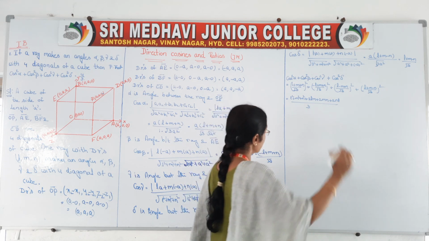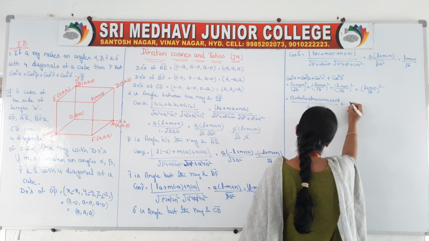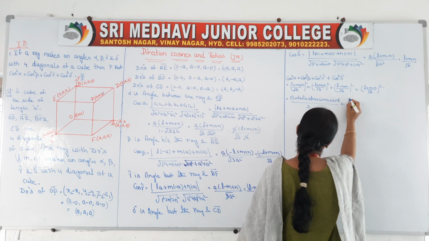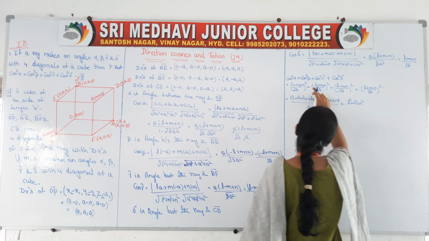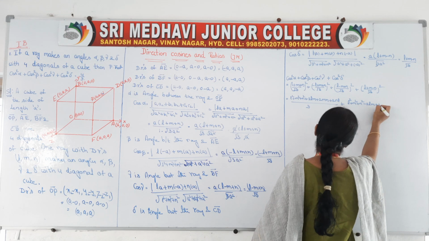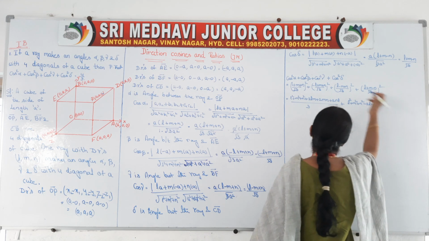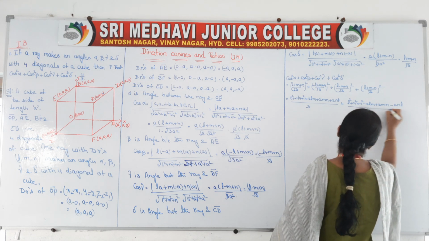Next, plus, this is first, minus l whole square is l square plus m square plus n square minus 2lm plus 2mn minus 2nl by 3.